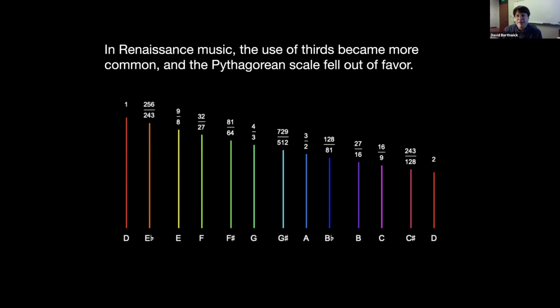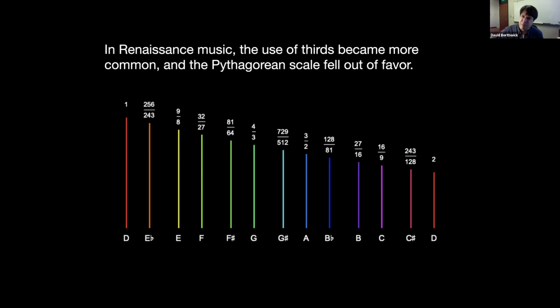So in the Renaissance, music started to have a lot more thirds built into it. And the Pythagorean scale does particularly poorly with thirds. So it's designed to make the fourths and fifths in tune. And because the ratios are only 3 and 2, that doesn't work well for a third, because a third, if you remember from our discussion before, the frequency ratio for a third should be 5/4.